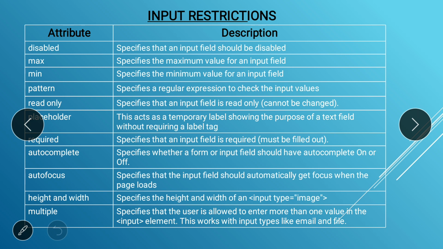It's called autocomplete. Autofocus means when you open a website or web page, you can set the focus on a particular text box or control. That time we use autofocus. Okay, next we already learned about height and width and multiple.